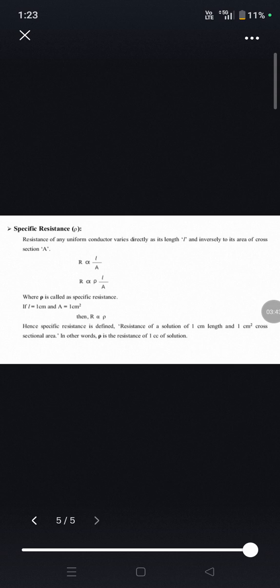If L is equal to 1 centimeter and A is equal to 1 centimeter square, then R is equal to rho. Hence, specific resistance is defined as the resistance of a solution of 1 centimeter length and 1 centimeter square cross section area. In other words, it is the resistance of 1 cc of solution.